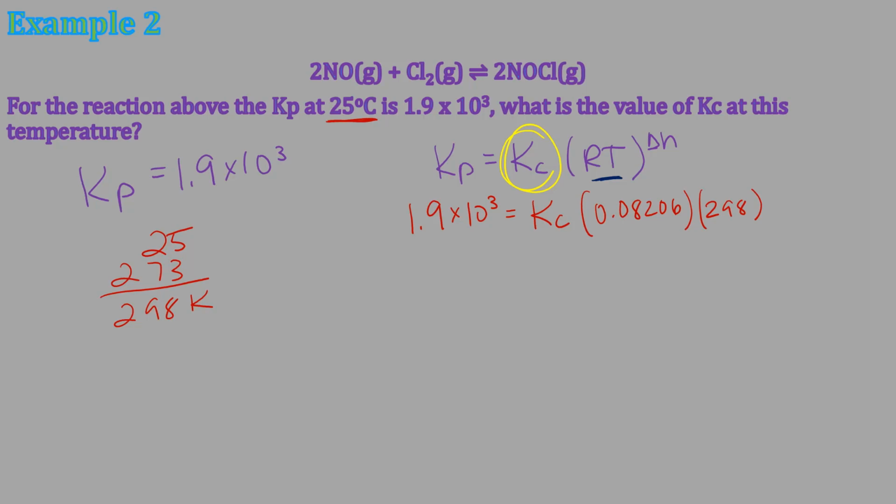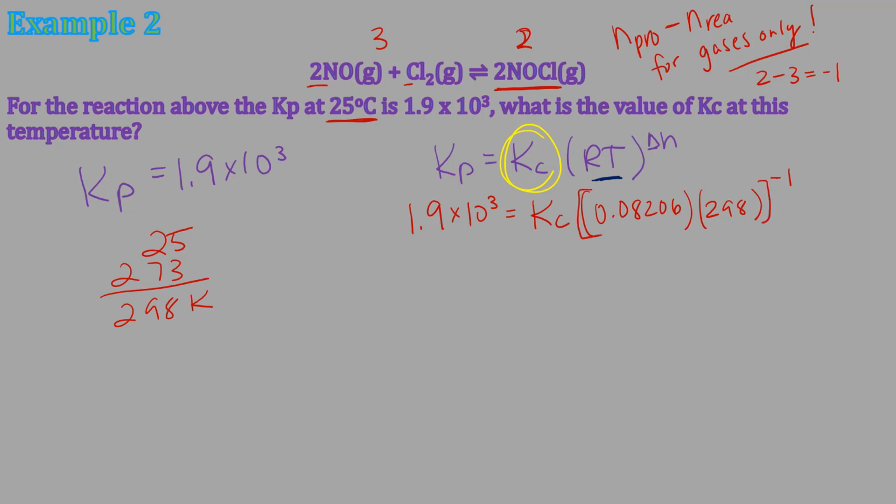Delta n is moles of product that are gases minus moles of reactant, and it's for gases only. If I look here, I've got 2 moles of gas product, and over here I've got 2 and 1, so that's 3. So it's going to be 2 minus 3, or negative 1.